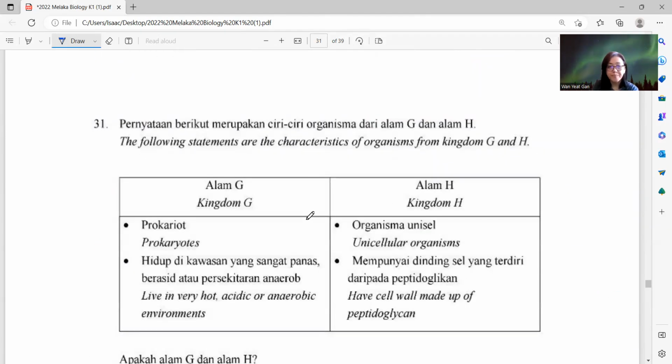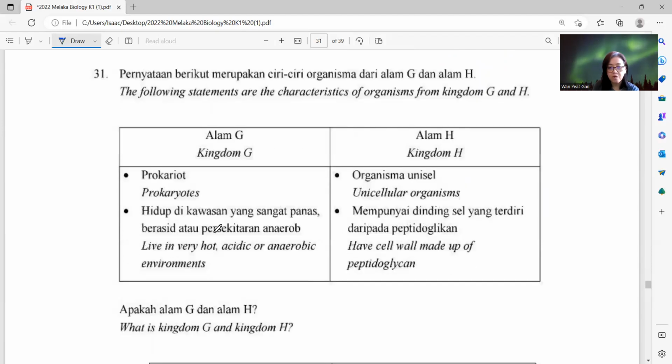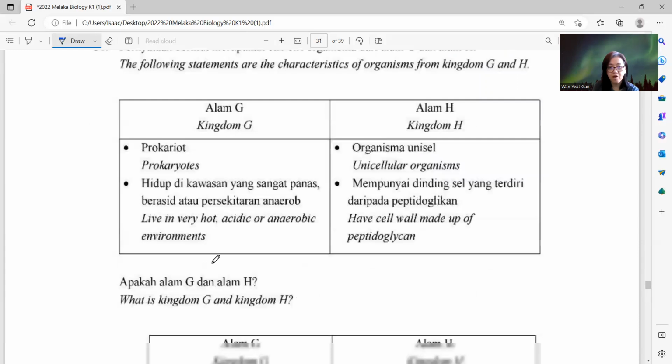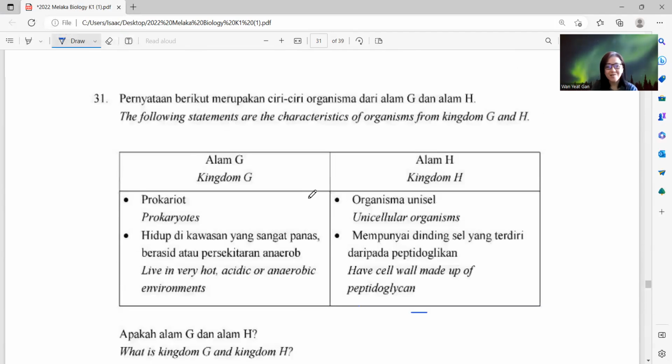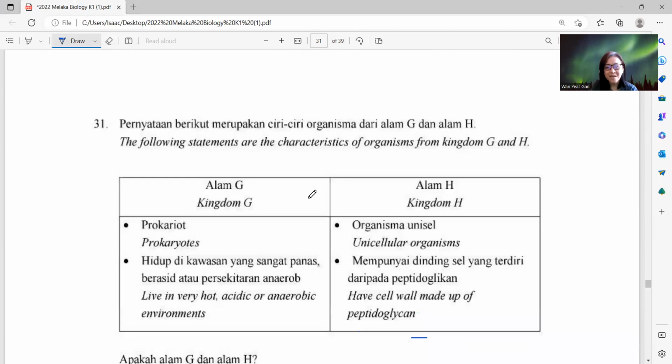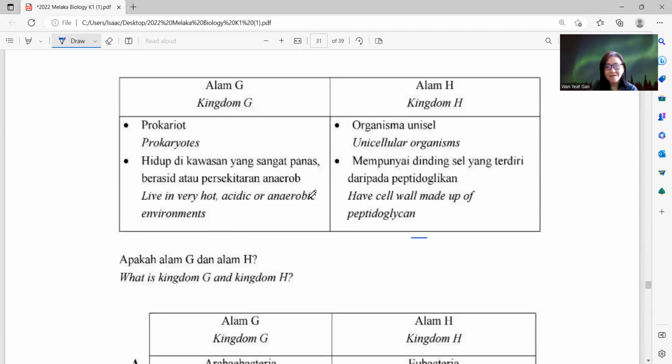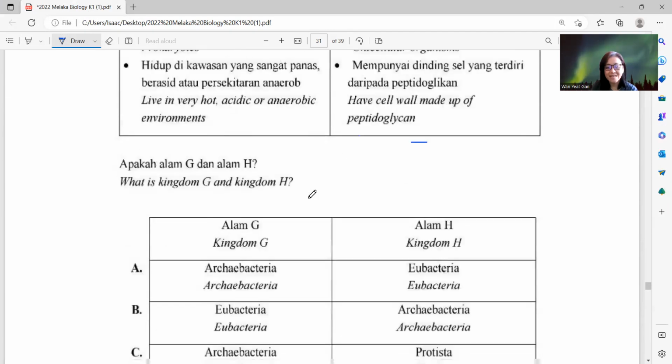Okay, 31. So you have two groups of kingdom here: prokaryotes and unicellular organisms that live in very hot, acidic or anaerobic conditions, whereas this one is made from peptidoglycan. What is the kingdom of G and H?